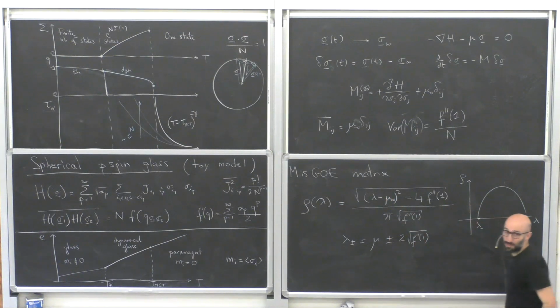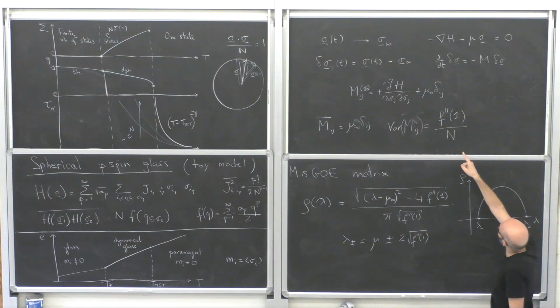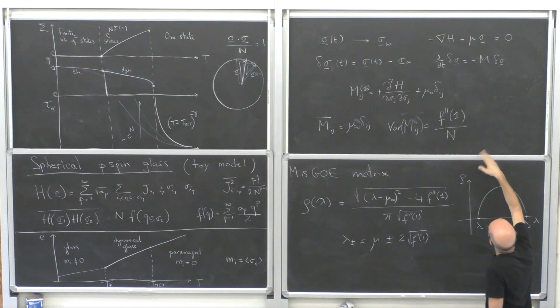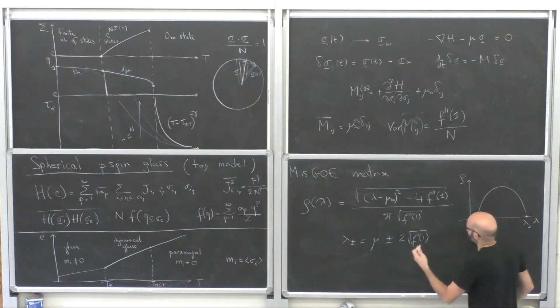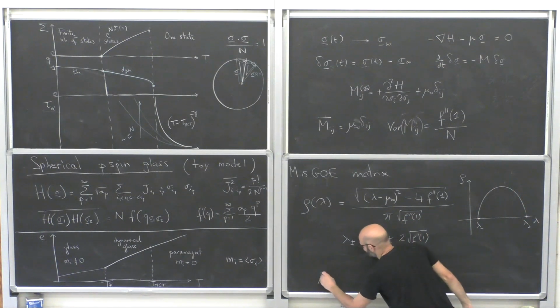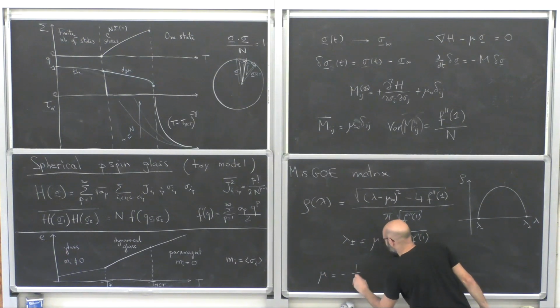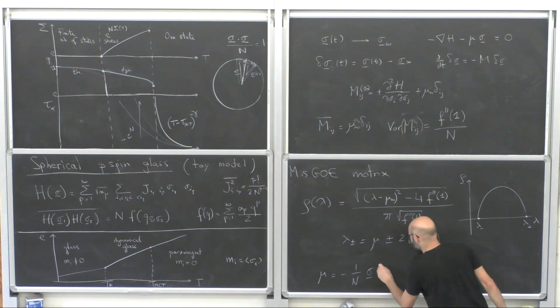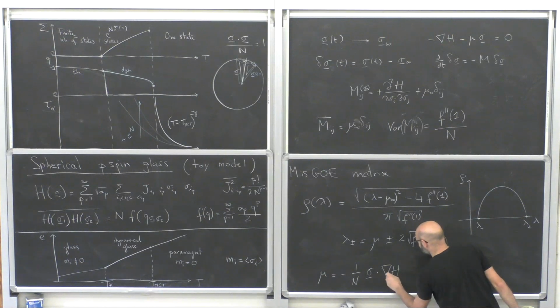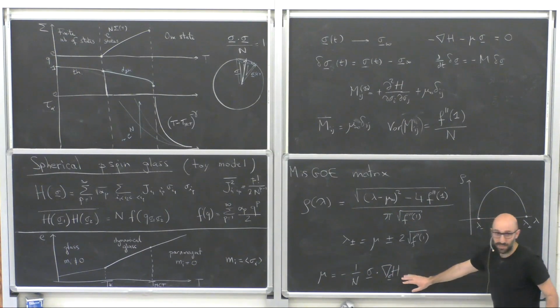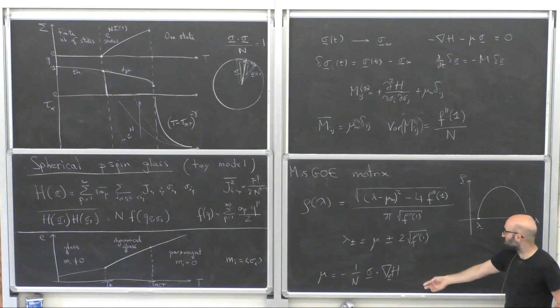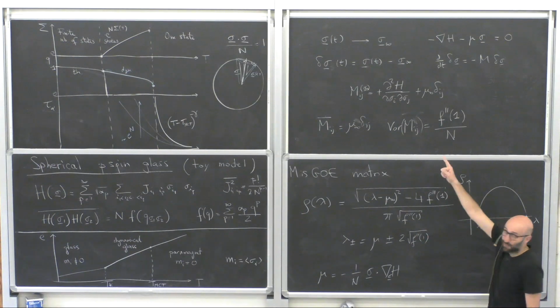We should remember that mu has to be evaluated. Mu is given, I erased it, but okay, let's keep it here. Mu was minus 1 over n sigma times the gradient of h. And this is a function of sigma that has to be computed in the final state.